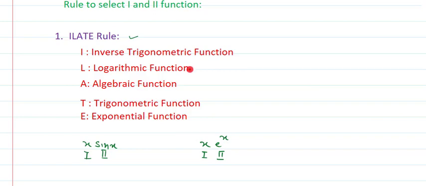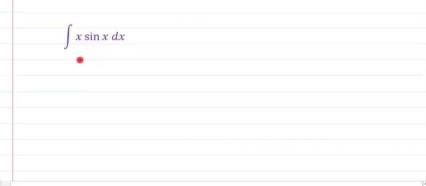So the first step is to select which function is first and which is second, and that can easily be done using the ILATE rule. The second step is to use the formula to calculate the integration. So let me take some examples to explore integration by parts.